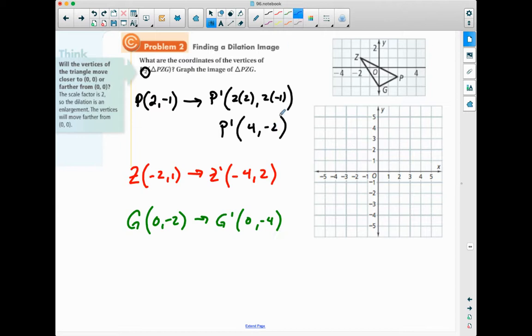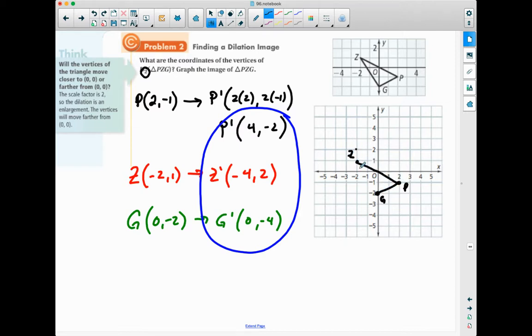So now I've got my coordinates of my image. Let me recopy this one down here so we can see it all on the same graph. So there is G, there's P, and there is Z. Just because I know it won't fit on the big one up there.